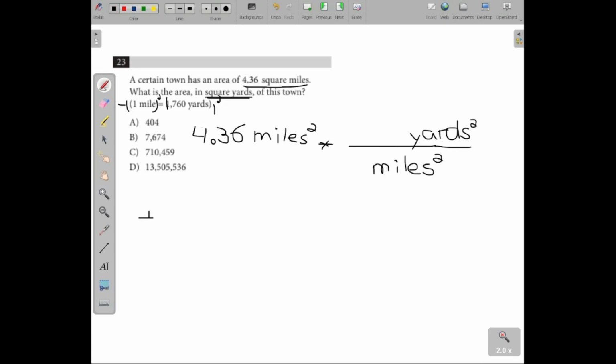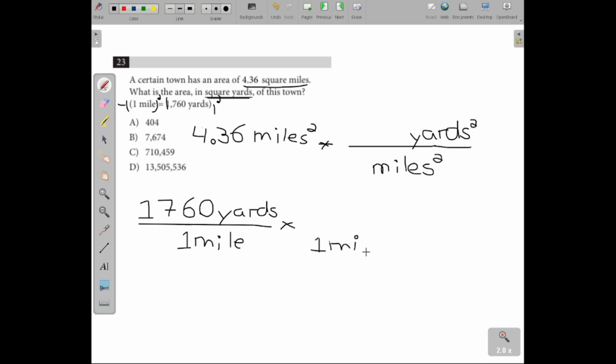Or we could say that since 1,760 yards is equal to 1 mile, then we need to obtain the square yards. We can multiply it by itself. So 1 mile is equal to 1,760 yards.